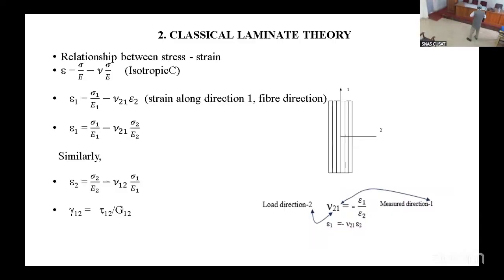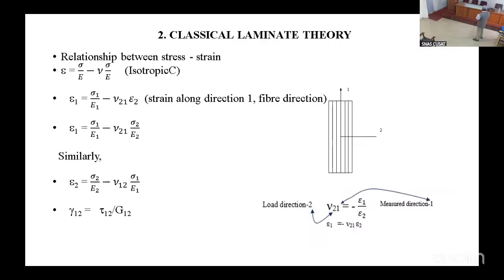So now you see here, this is the first direction, the fiber direction. This is the second direction, transverse to it. And see the terminology: nu 2 1 means 2 refers to the load direction and 1 refers to the measured direction.